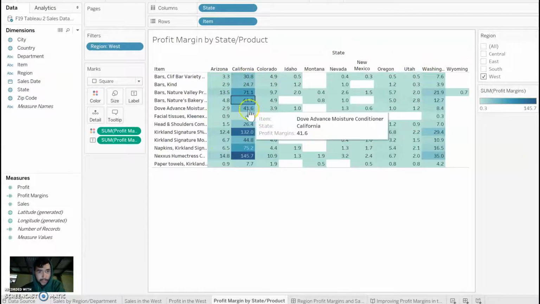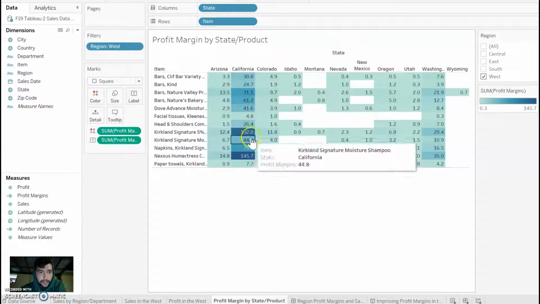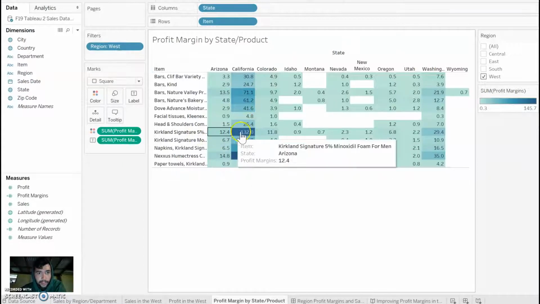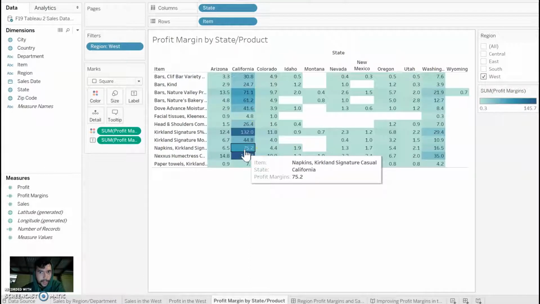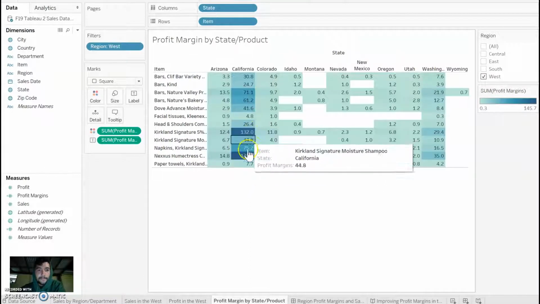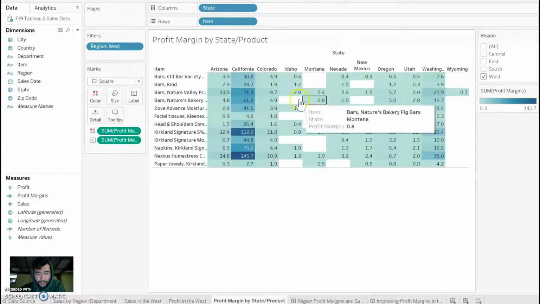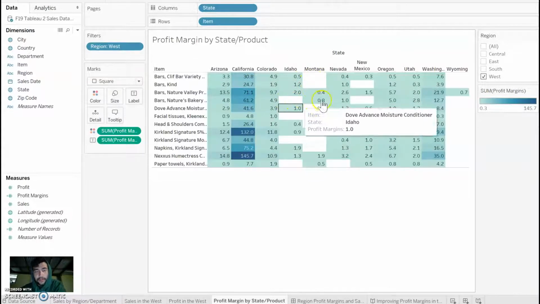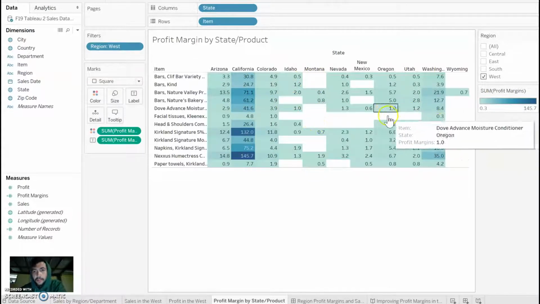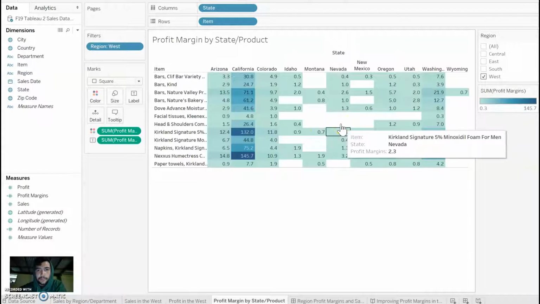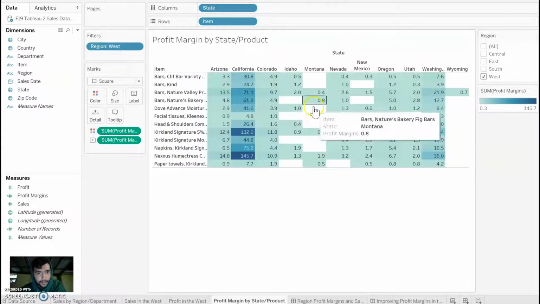So if we look at California, since it was the highest, we can see that these two items right here were the main sources of their high profit margins. And something interesting I found was all these white spots, all these blank ones. To me, it represents that these states are either not making a profit with these items, or they're not selling them at all.